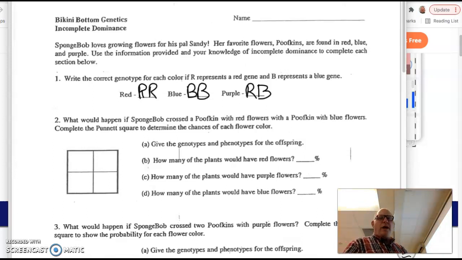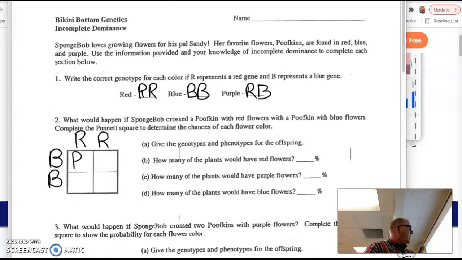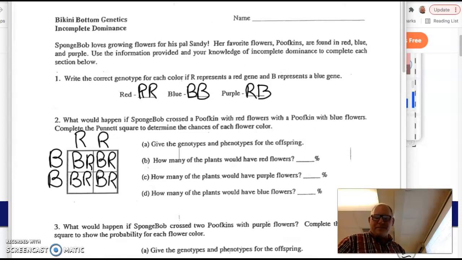So we would take the red and put it on the top of the Punnett square, and the blue on the side of the Punnett square, and then we would fill it in, and we'd get an incomplete dominant, big R, big B in each one. So give the genotypes and the phenotypes of the offspring.